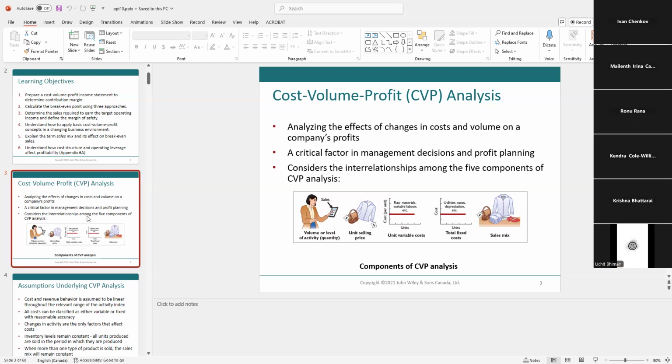We have to remember how the costs behave. Remember, variable cost per unit always stays the same. And fixed cost in total stays the same. And the last thing that's left is to deal with the sales mix. What if we're selling more than one product? What's going to happen in that case?